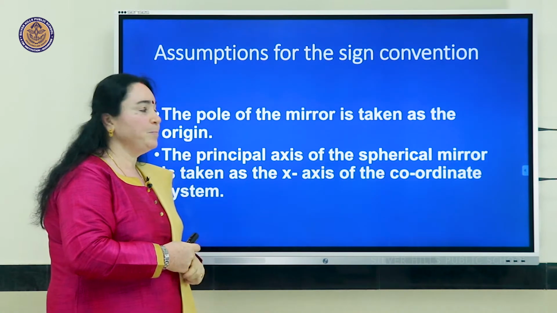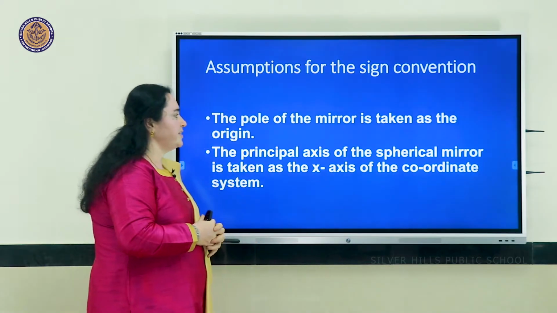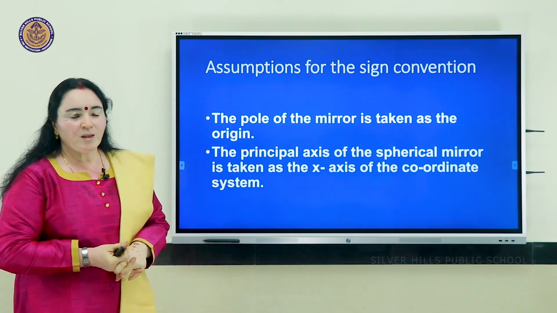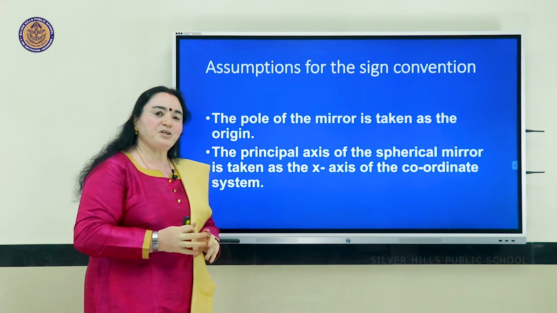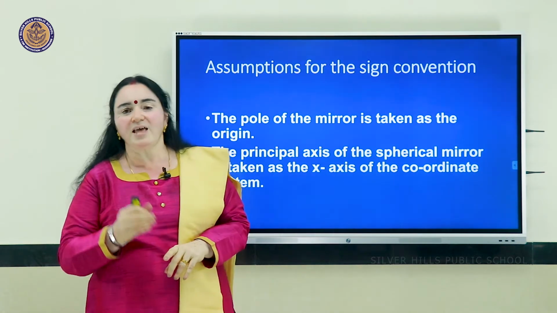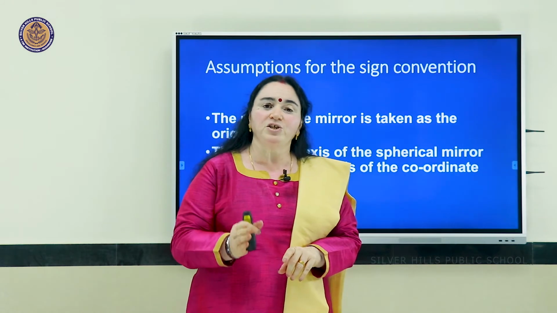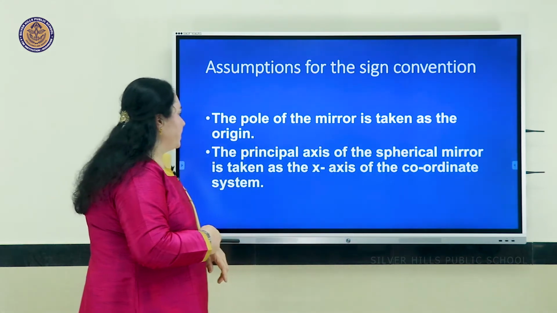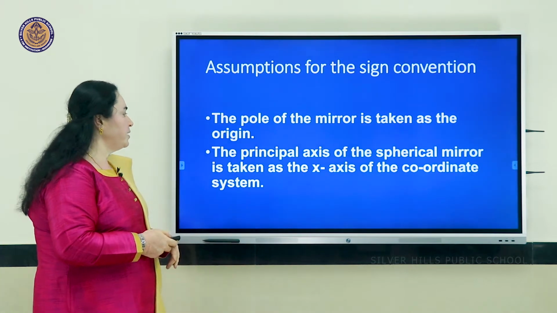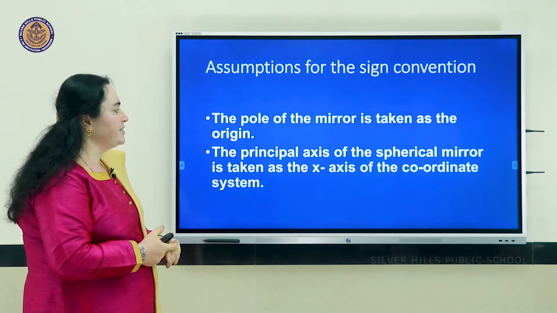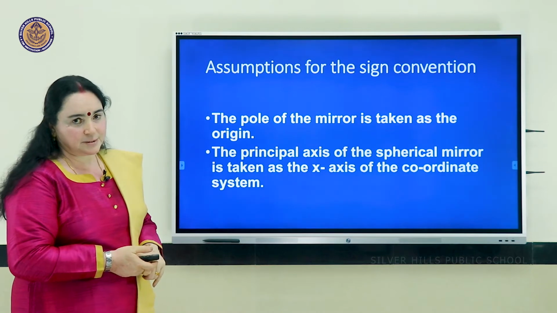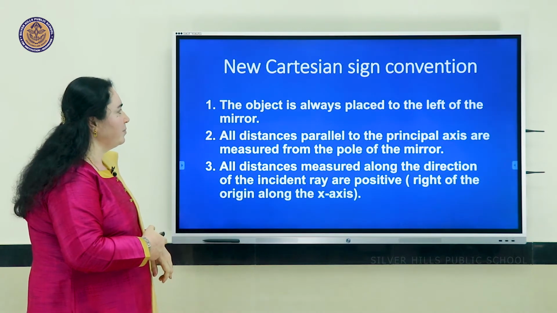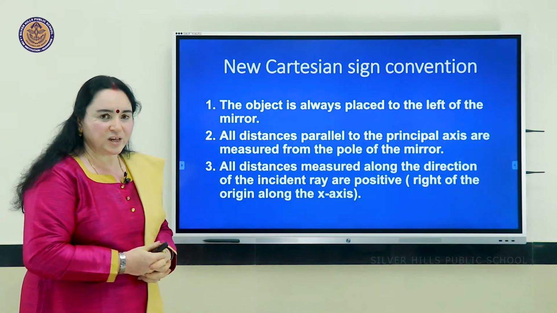First, the pole of the mirror is taken as the origin, which indicates that all the measurements, that is your object distance and the image distance, should be measured from the pole of the mirror. The principal axis of the spherical mirror is taken as the x-axis of the coordinate system.